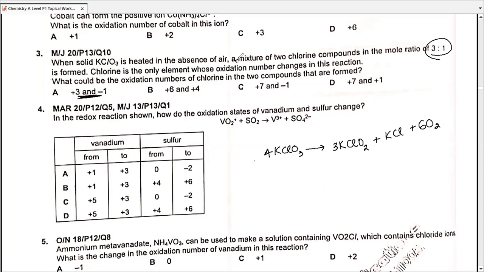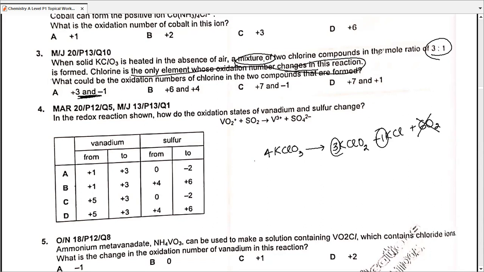Yeah, but still there's a mixture of two chlorine compounds. But he only talked about the chlorine compound. Chlorine is the only element whose oxidation number changes in this reaction, so this is not possible. Yeah, he mentioned it clearly. Even if we come with this 3:1 ratio, this is not possible because of this line.